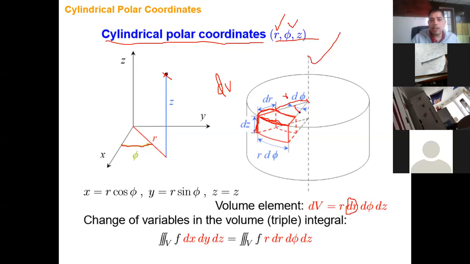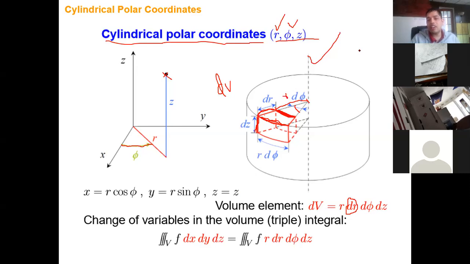If the angle is d phi and the radius is r, what is the length from here to here? R times angle. Arc length, right? Remember in the circle, what is the arc length?